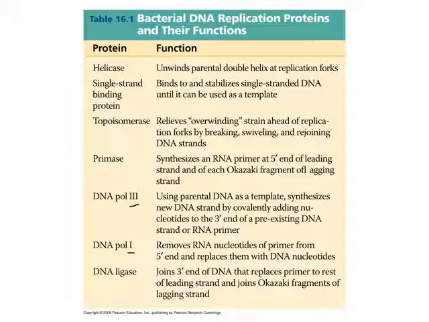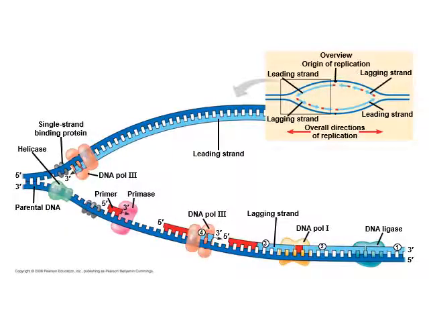So we do a lot of our studying in bacterial models, and then we just find homologous enzymes and homologous processes in eukaryotic cells.